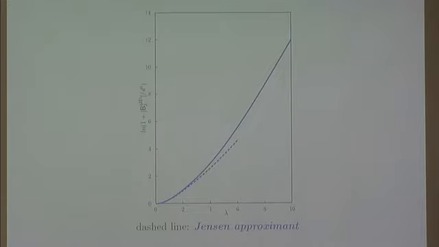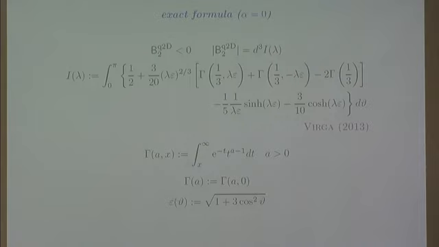And this is a graph from 0 to 10 of this function. And actually, this dashed line is pretty interesting because it is a Jensen approximant. It so happens that this function in the integrand actually is a convex function of lambda.